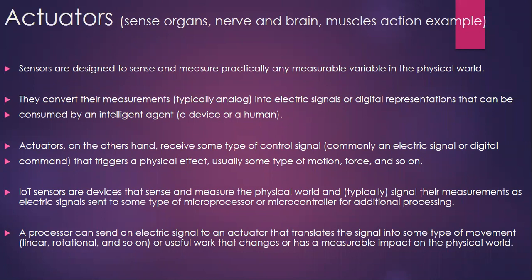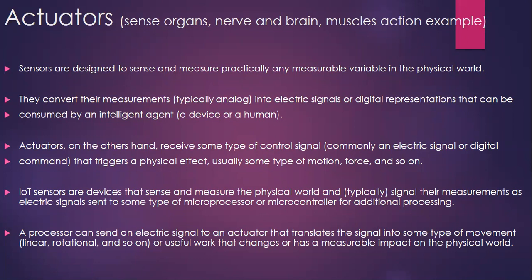Both sensor and actuator are components of the smart object, but the sensor cannot directly communicate with the actuator. That's why we write that the actuator receives some type of control signal, commonly an electrical signal or digital command that triggers a physical effect, usually some type of motion or force.